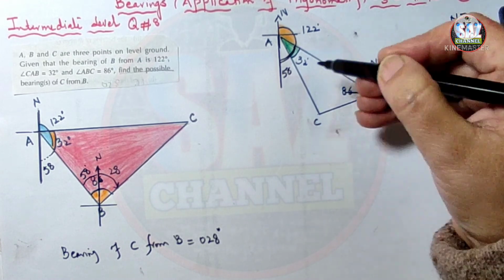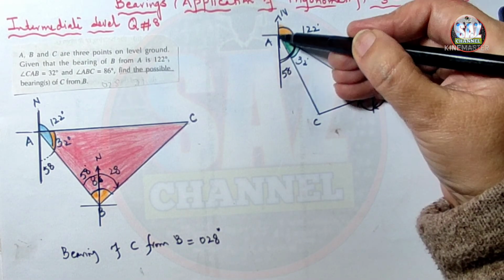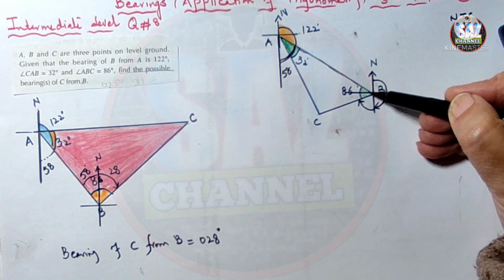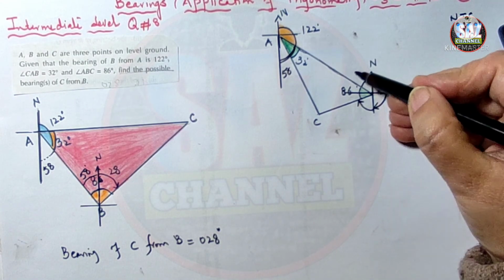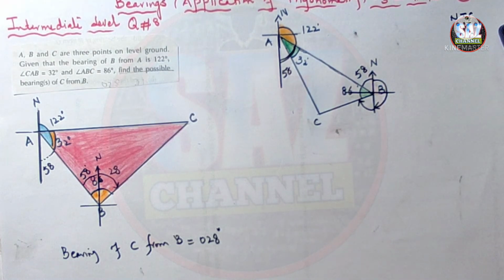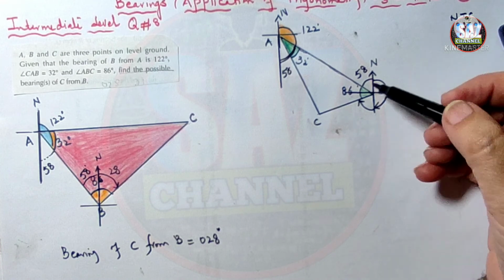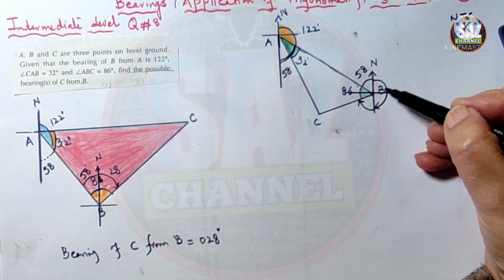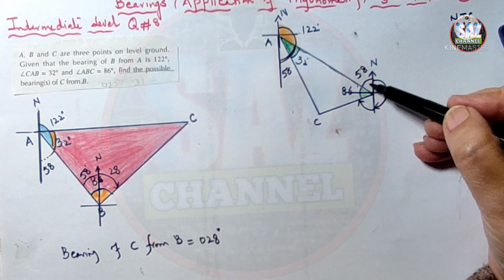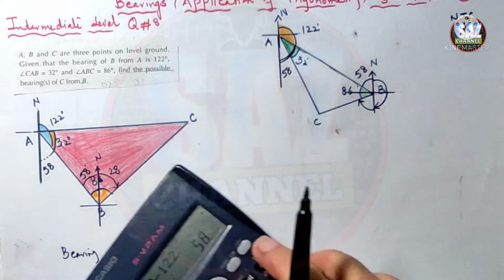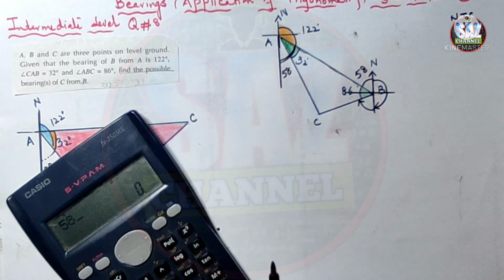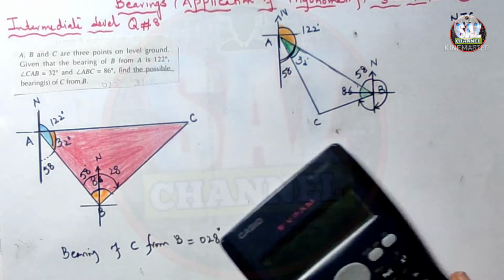Now look, this north and this north, they are parallel, and this is the transversal, and this angle will also be of measure 58 degrees. Now what we can do is that we need to find the value of this much turn. Now we have the answer for almost a complete circle. If I take away the sum 58 plus 86 from 360, I'll get my bearing 216.